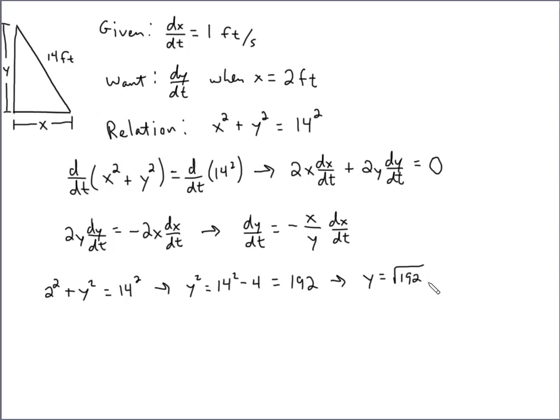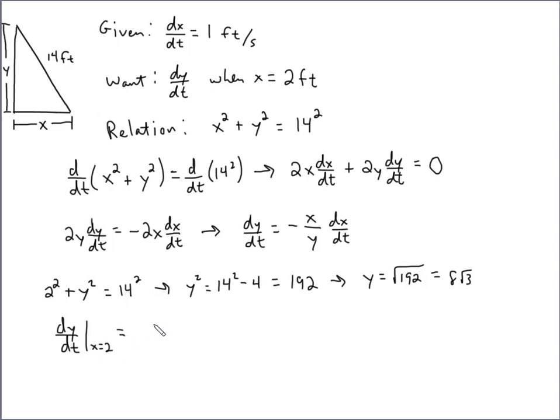The square root of 192 we can write as 8 root 3, or we can do a decimal approximation. I'm not sure what the question's asking for, we'll check in a second, but this is everything we need. What we want now is dy/dt when x equals 2.